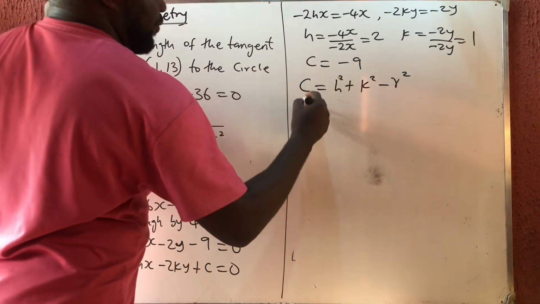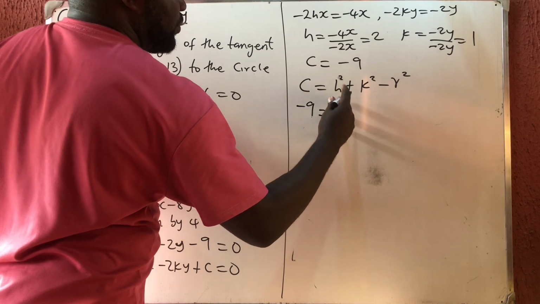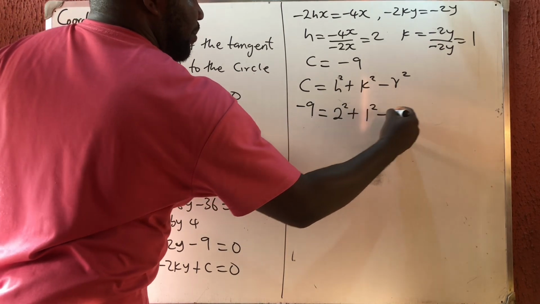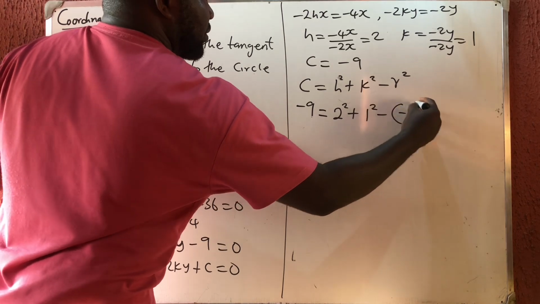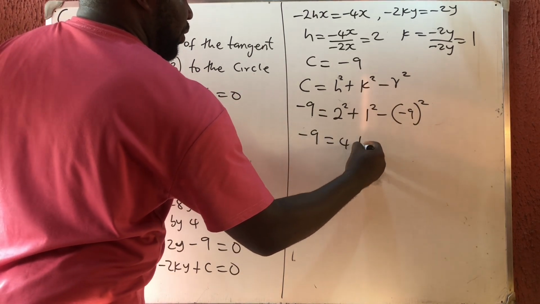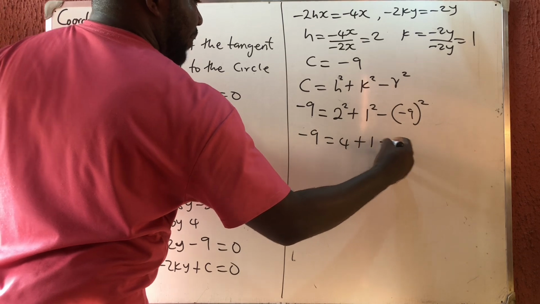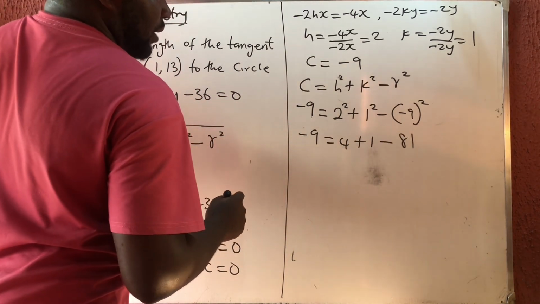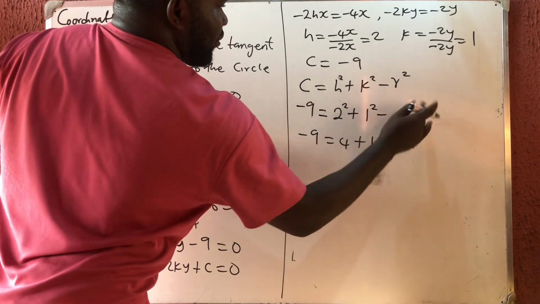So therefore I have that minus 9 is equal to h, which is 2 squared plus 1 squared minus, sorry, I'm looking for r.